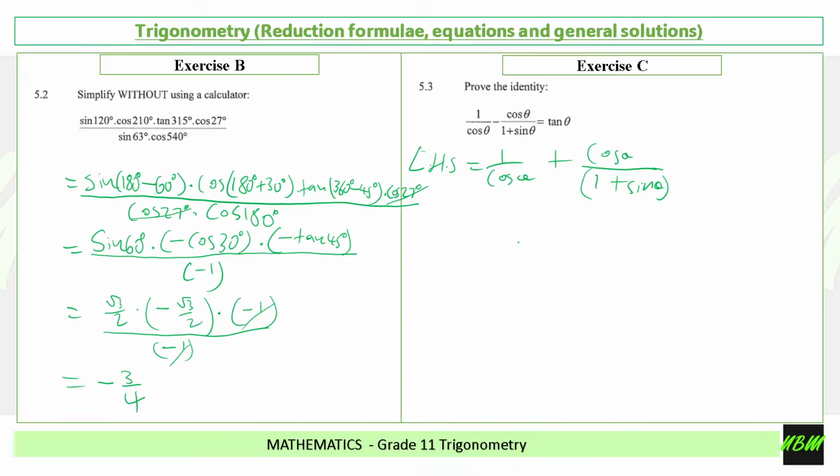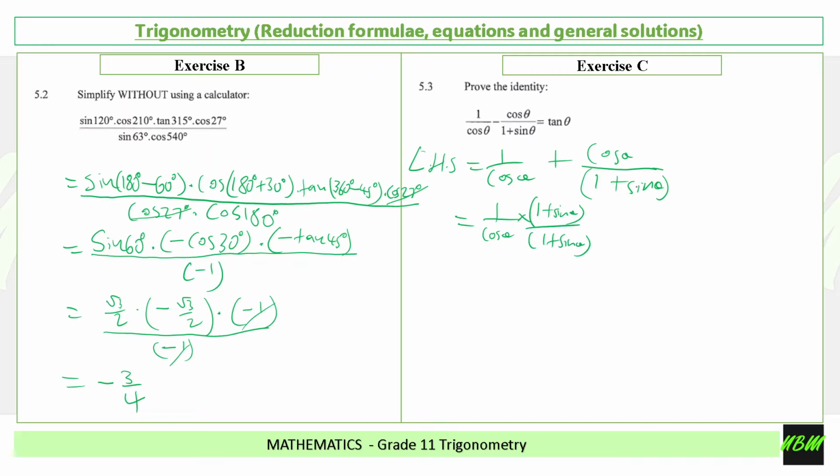Then we are adding the two fractions, so let us ensure that the denominators are the same. We take 1 over cos theta and multiply it by 1, but what is the special one? The special one is 1 plus sine theta divided by 1 plus sine theta.